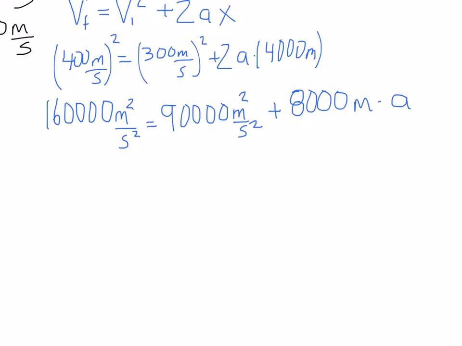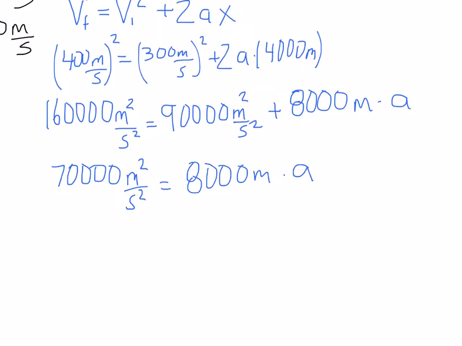So now I'm going to subtract 90,000 meters squared over second squared from both sides. So I'm just going to do this math, and that's going to leave me with 70,000. Don't forget these units. And I'm left with 8,000 meters times the acceleration.